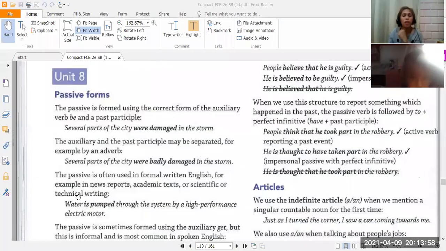The passive is formed using the correct form of the auxiliary verb be and a past participle. We already learned this one. We have 4 rules for the passive form. Teacher Ann already discussed this.